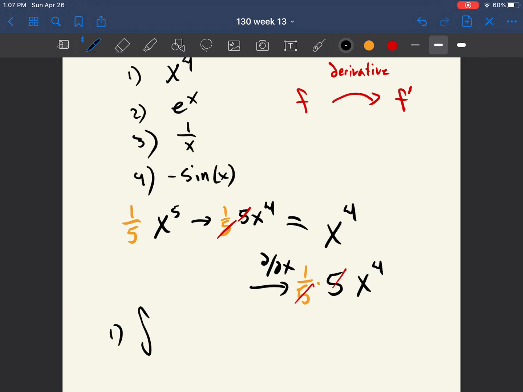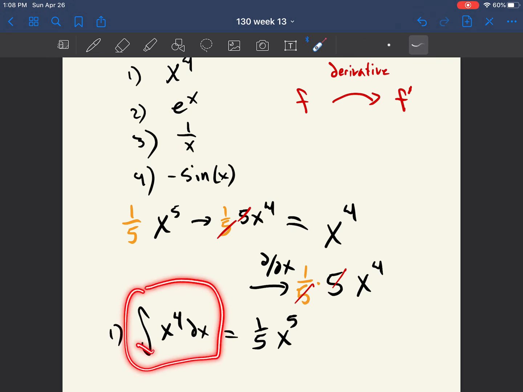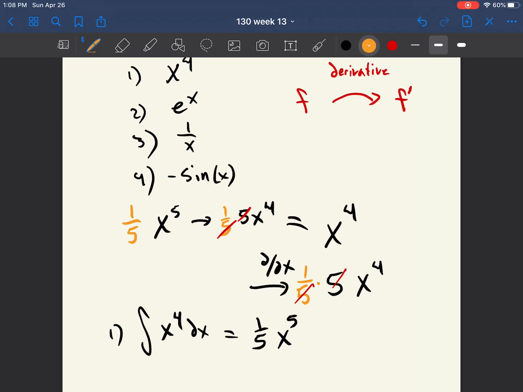The way we write that down is, this little s-looking symbol, the antiderivative of x to the fourth, is 1/5 x to the fifth. Because this notation, this fancy s with the dx, means the general antiderivative, when it doesn't have numbers down here, we have to put in a little plus c at the end.